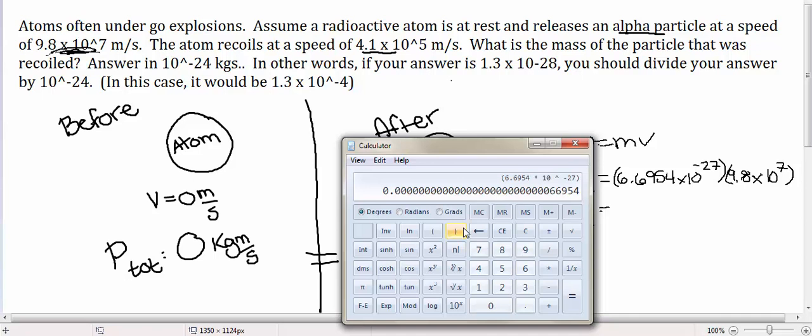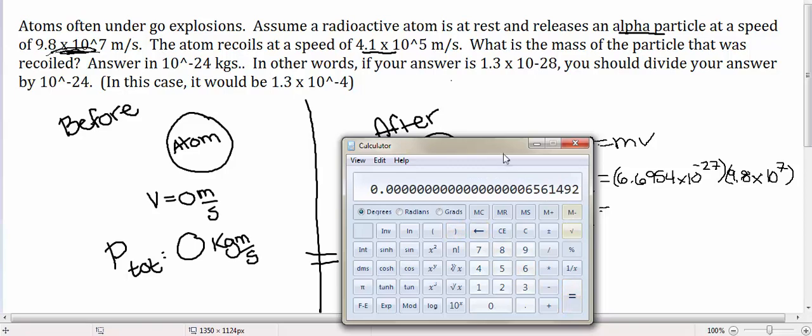Notice that this number is very, very small, with a lot of zeros, and that's why we write it in scientific notation. But the calculator knows that this is the real digits, and so we're going to take this number and multiply it by the velocity. Again, I'm going to put everything in parentheses to keep things nice and clean. So my velocity was 9.8 times 10 raised to, which again is x to the y on this particular calculator, the positive 7th power, and then I'm going to hit equals.